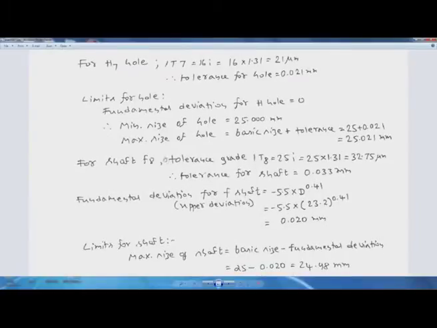Now moving to the shaft, for the F8 shaft, the tolerance grade is IT8, which is equal to 25i. So this will give us a tolerance for the shaft of 0.033 millimeter, and the fundamental deviation for an F shaft is equal to minus 5.5 times d to the power of 0.41.